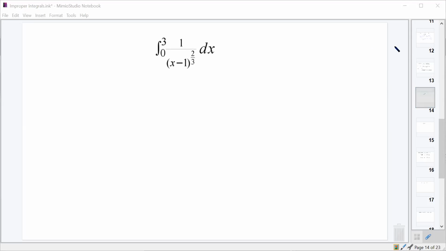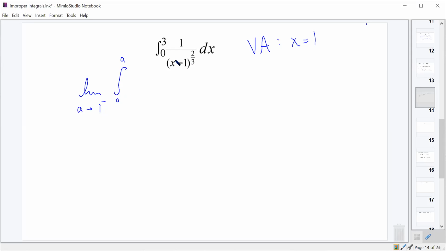And so we need to split this up into 2 different ones, right? So this is x equals 1, and so we'll make this a limit as a approaches 1 from which direction to start with? From the left or from the right? Yeah, good. Should be from the left.